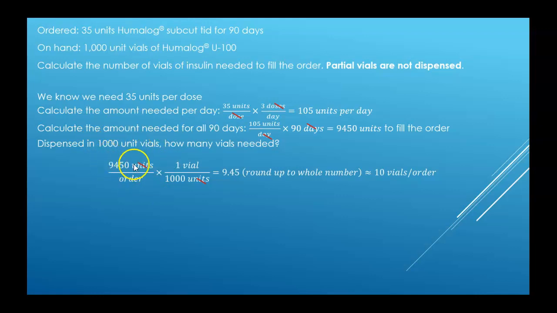So we take the number of units needed and divide by the number of units per vial. That gives us 9.45 vials needed, but we can't give 0.45 vials. We have to give a whole vial. So we round up, and we give 10 vials to fill the order.